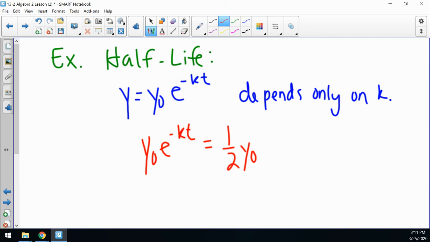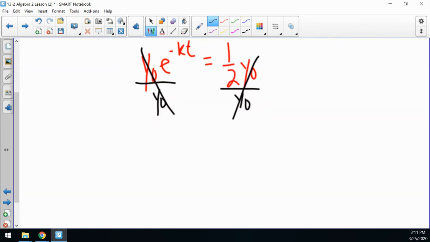The first thing I'm going to do is notice both of them have a y0 in it, so I'm going to divide both by y0. Those cancel out, and we find that e to the negative kt power is going to be 1/2.